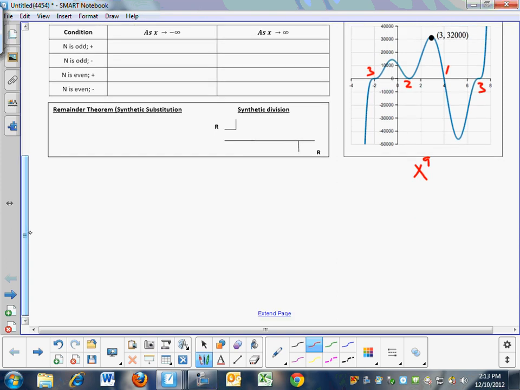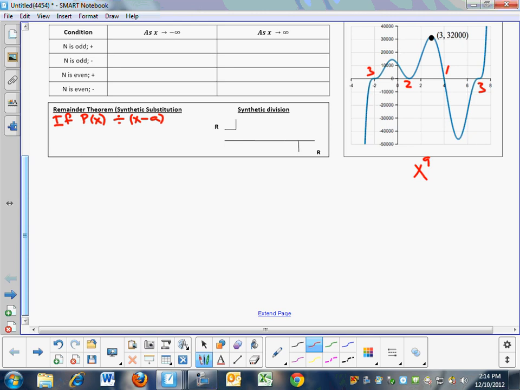Last piece here. Do you remember what the remainder theorem says? If p of x is divided by x minus a, do you remember how to tell what the remainder is ahead of time? You plug in what?